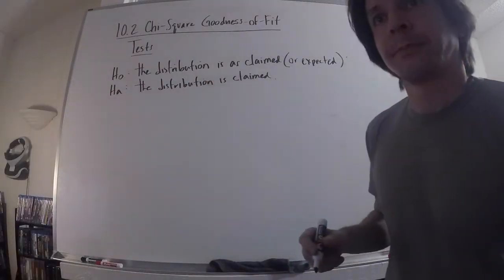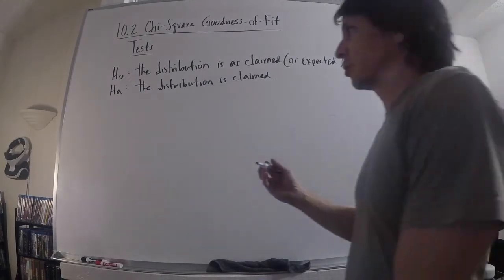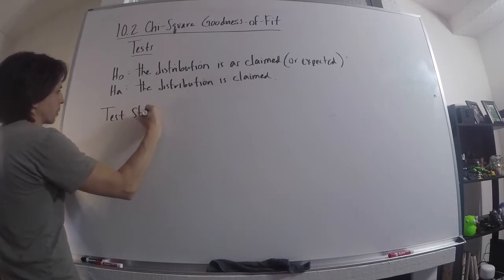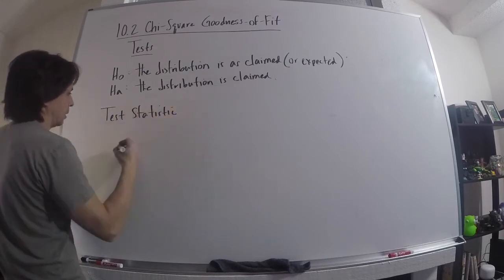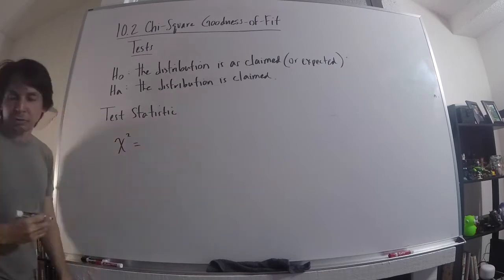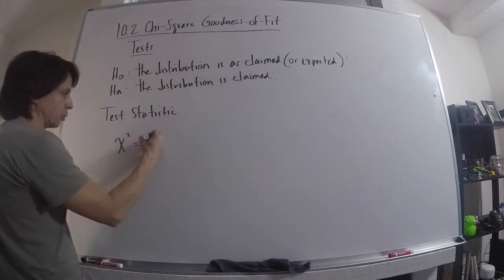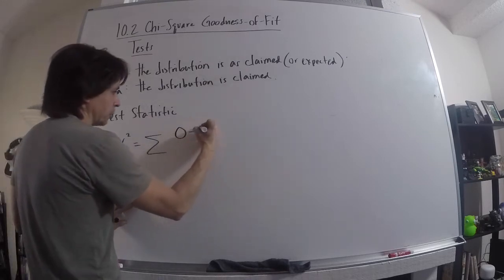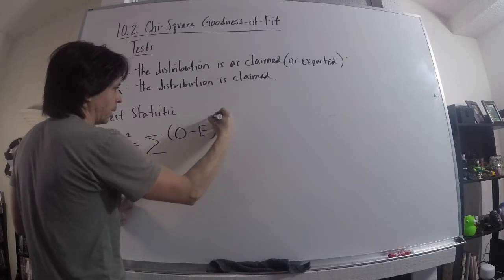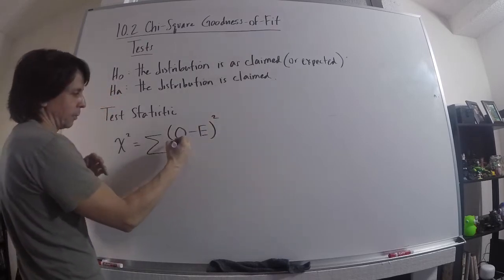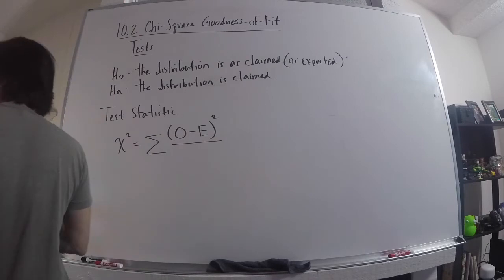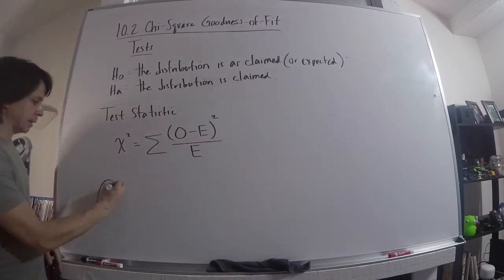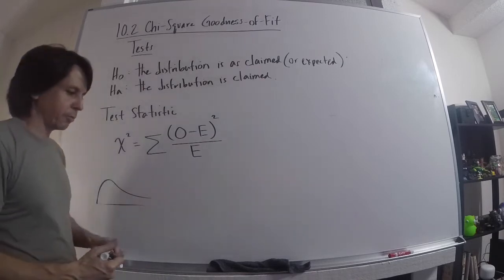You can phrase it sometimes in more colloquial language. The second step after null and alternative is the test statistic. Ours is a chi-squared test statistic, and what we're going to have to do is sum, which is why we're going to be resorting to the list feature: O minus E squared, that is a capital O, not a 0, capital O minus capital E squared, divided by E. And we'll get a chi-squared value that lands somewhere on that curve, like that 5.5 that we dealt with earlier.